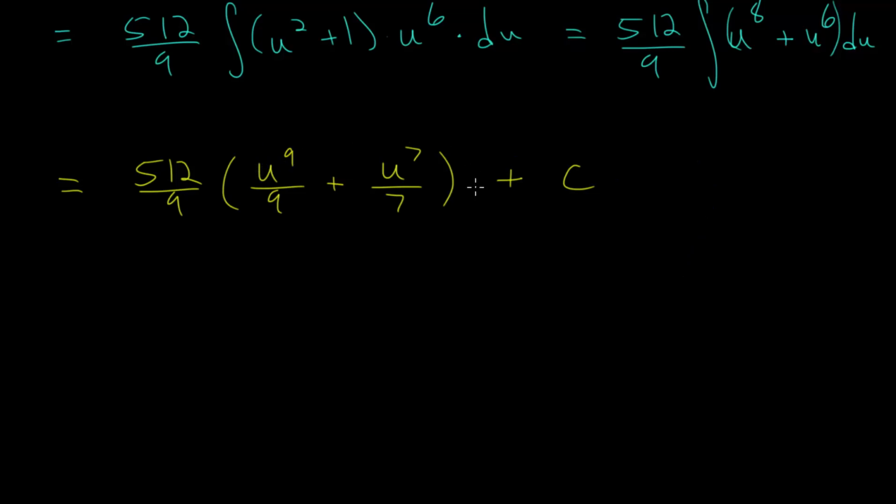But we want to put this back in terms of theta so that we can then put it back in terms of our original variable. So we know that u was the tangent of theta. So let's start by putting it back in terms of u here.